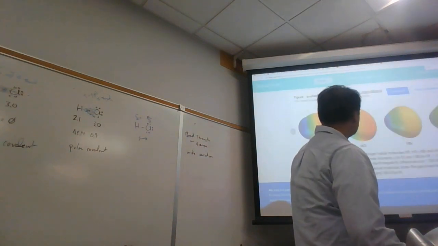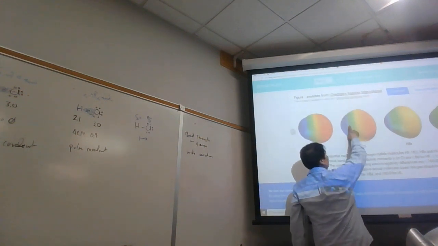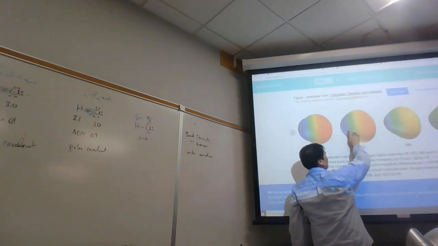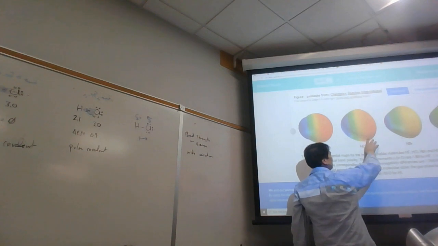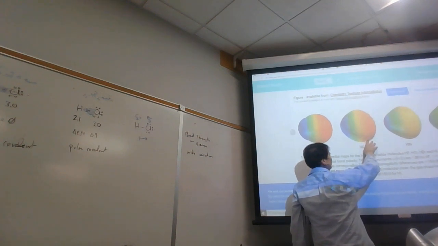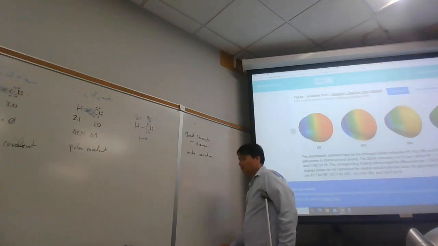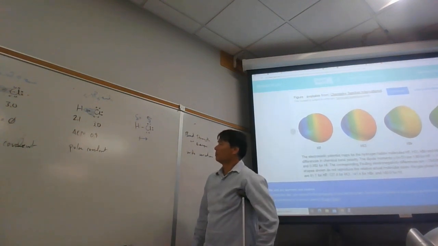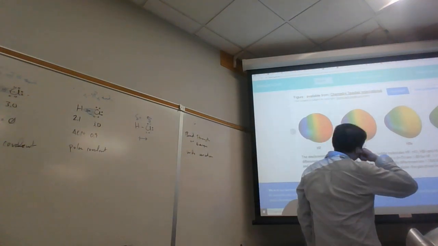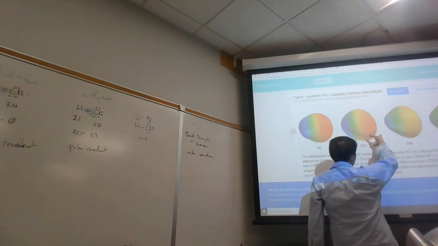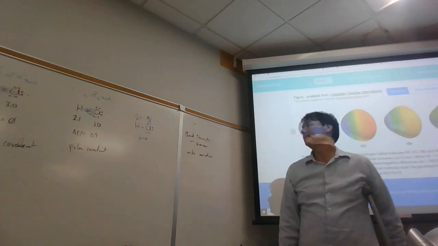So we can see it here. This is the electrostatic potential map of HCl. The hydrogen is blue. Blue is a region of positive charge density. And the chlorine is red, a region of negative charge density. This is what we sum up, as far as mapping out the electron cloud goes, to a map like this.